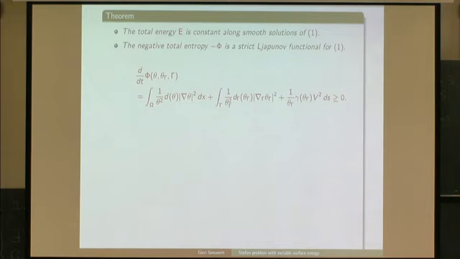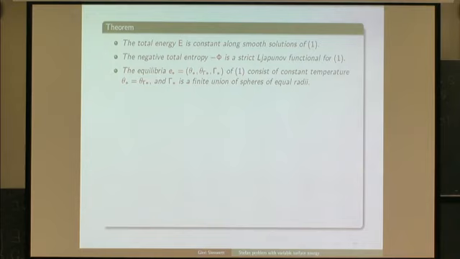So let's continue. That's what I convinced you of, these are the equilibria. And you also see that you have many equilibria, in fact. So if m is the number of components, then if m happens to be 1, you have one sphere, one ball. The energy doesn't care what you do with a ball, so you have 3 degrees of freedom, and you can take it and make it larger or smaller.